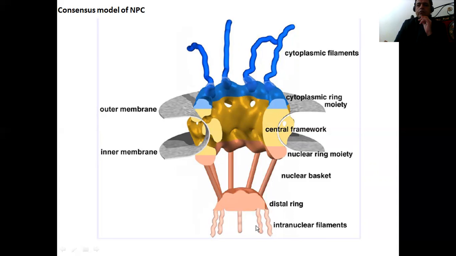There are also filaments on the inner side, which are known as the intranuclear filaments. So there is a cytoplasmic ring here, and there is a nuclear ring here. So a ring on the upper side and the lower side, and there is a nuclear basket here and a distal ring also here. So all these rings and baskets are made up of proteins of different natures.